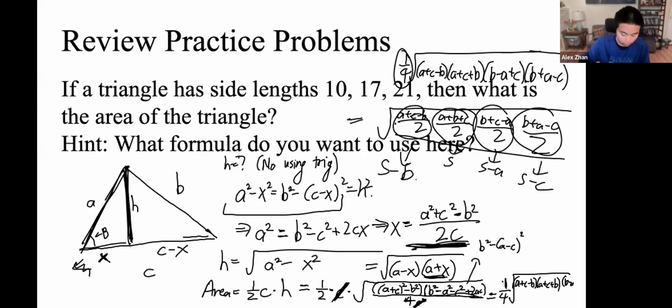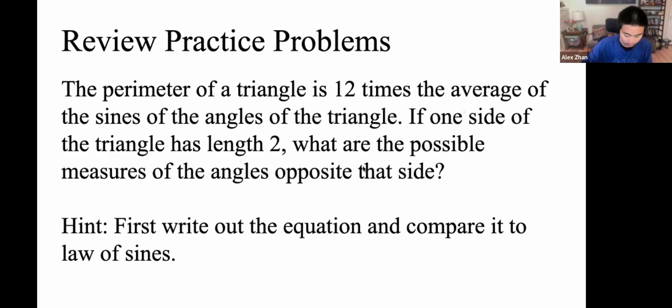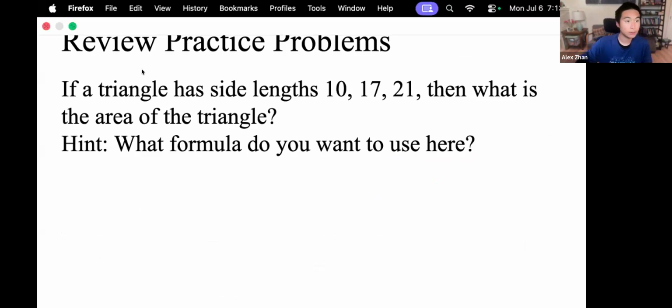Okay, so then we will move on to the next problem. Okay, the perimeter of a triangle is 12 times. Okay, wait, let me see.